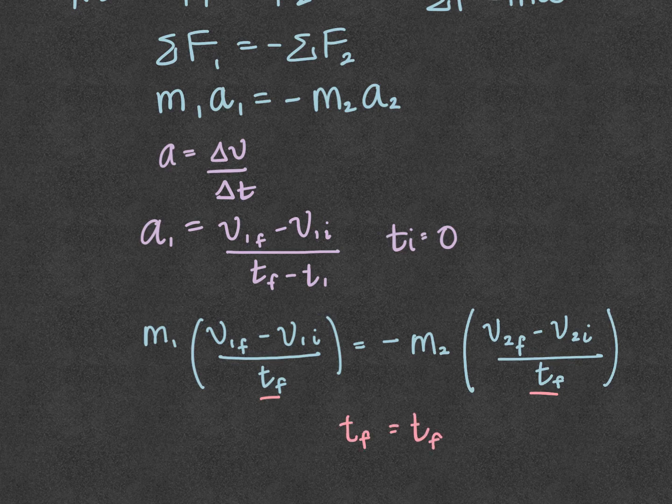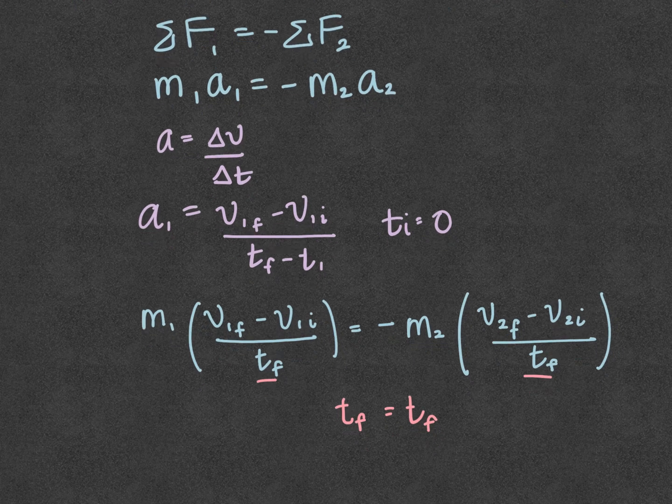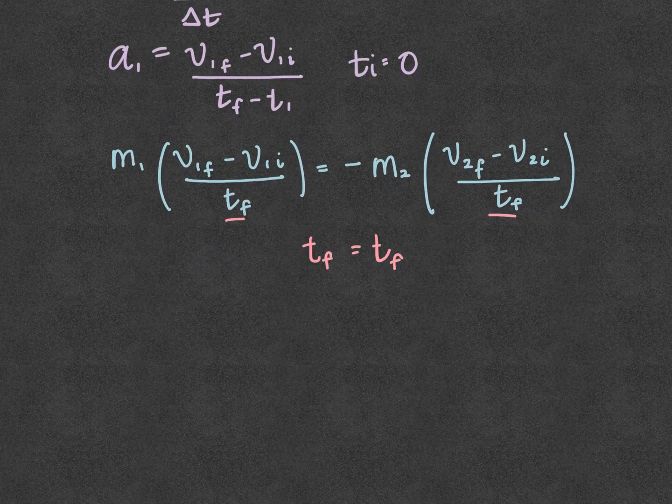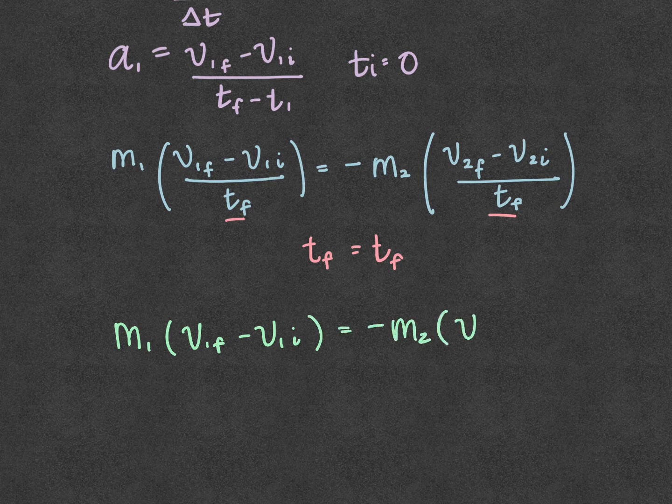And so we can multiply by t final on both sides of this equation, and we'll have a simplified result of mass 1 times v1 final minus v1 initial, which is equal to negative mass 2 times v2 final minus v2 initial.